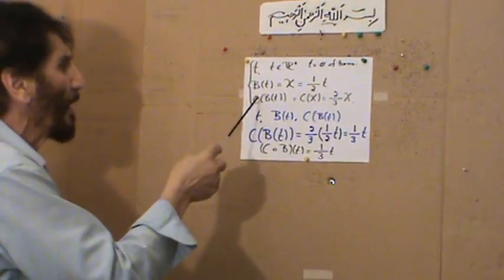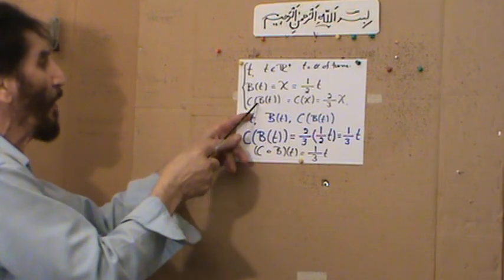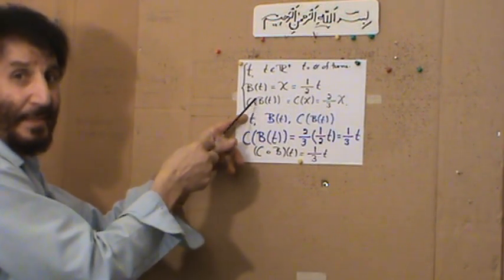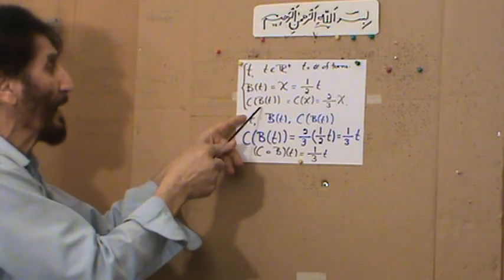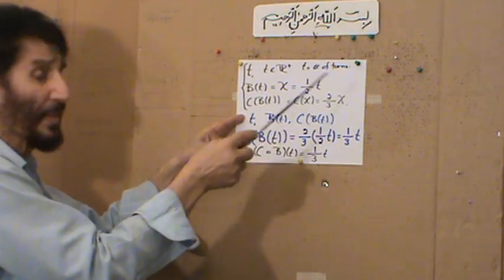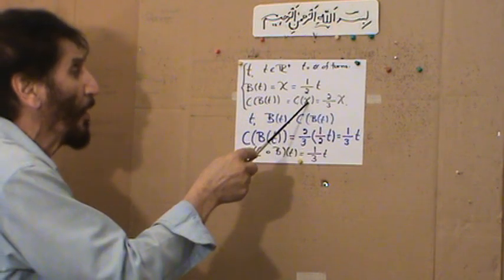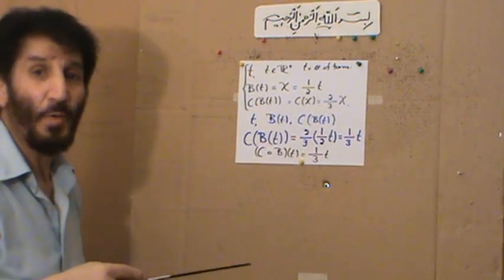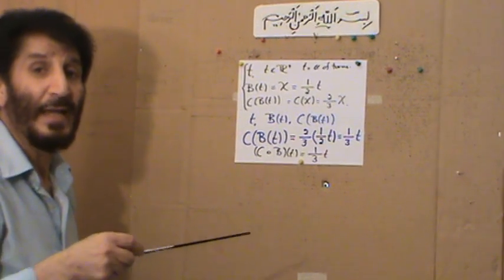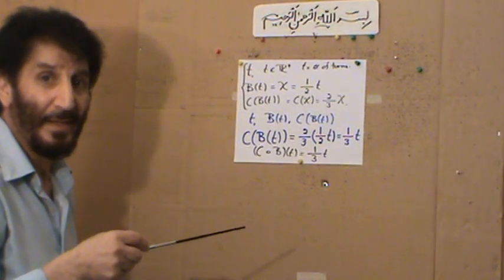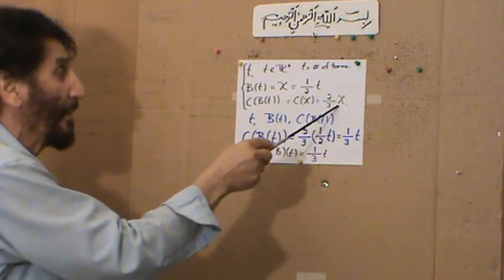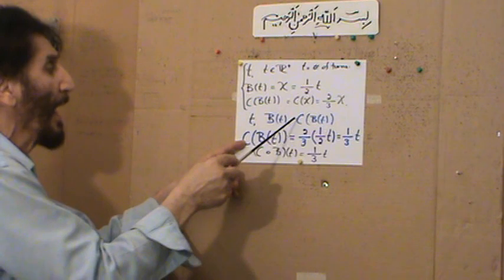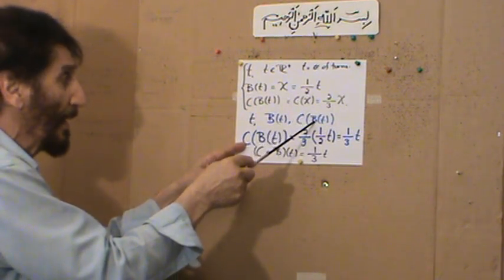Now look at this one. C is a function of b, and b is a function of t. Do you see that? So C by itself is a function of x, and that is 2/3 of x, and x is the number of turns of the middle gear. So I have written t, and b is a function of t, and c is a function of b. Is that right?